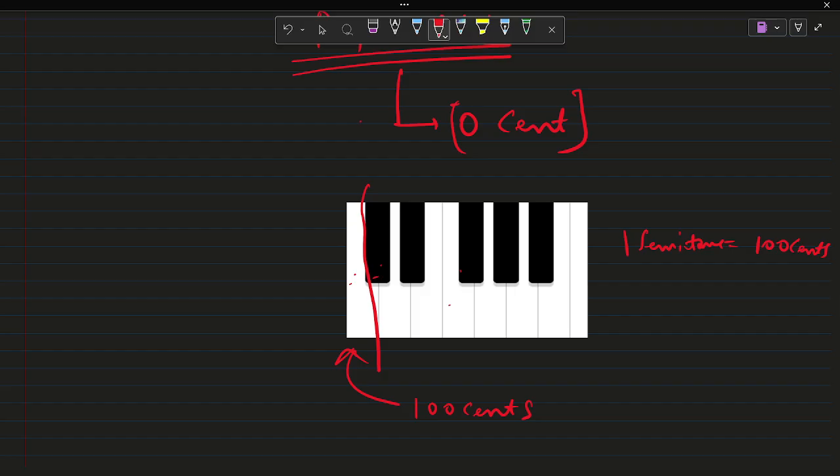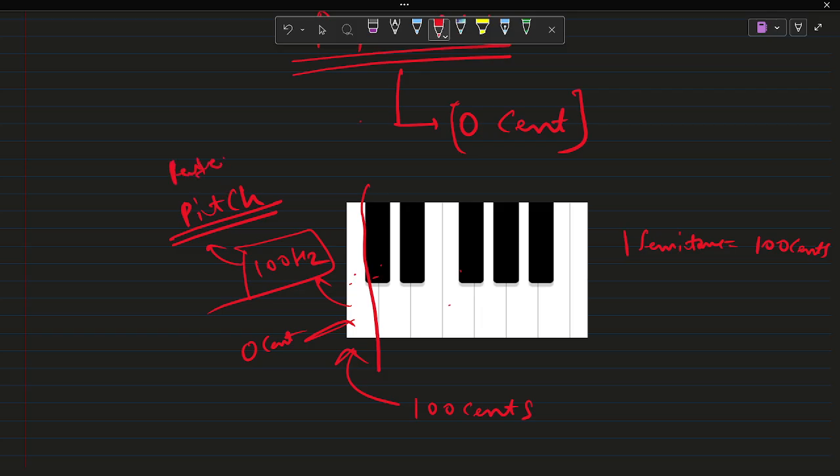So suppose the frequency of this note is 100 hertz. If we are at 0 cent for this note, we are at this intended frequency or fundamental frequency, which is the perfect pitch.